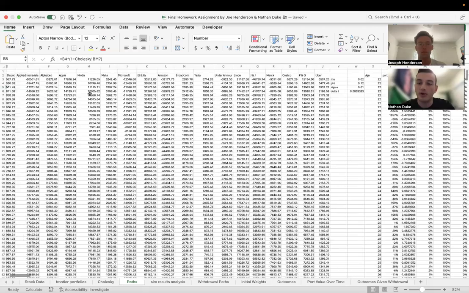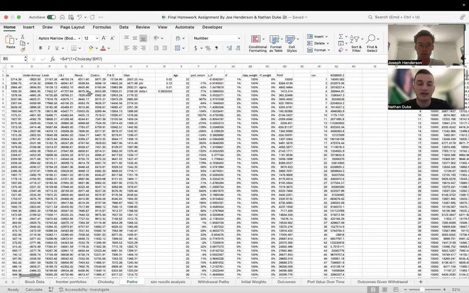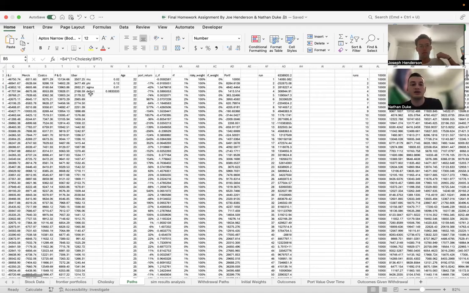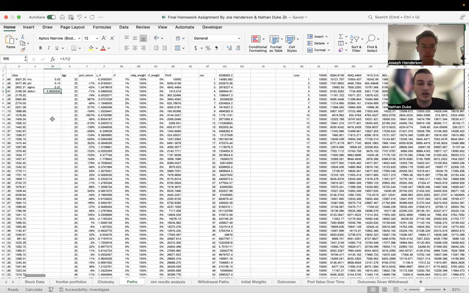Scrolling over to the right more, we were given our mu, phi, sigma, and then our delta t, which is averaged over 12 months. We were given those, and we had to simulate out the portfolio over 5 years, and we did that monthly.